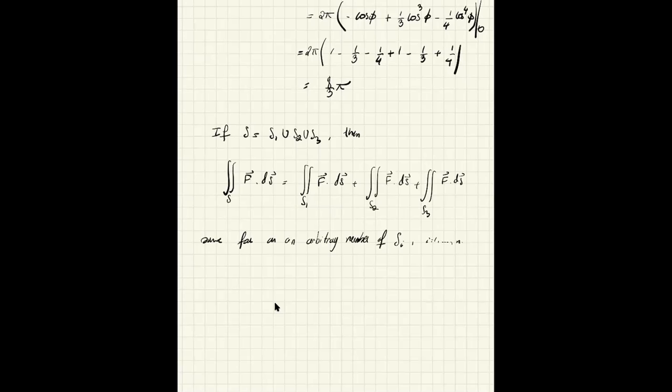The only difference now is you have to compute the scalar product.